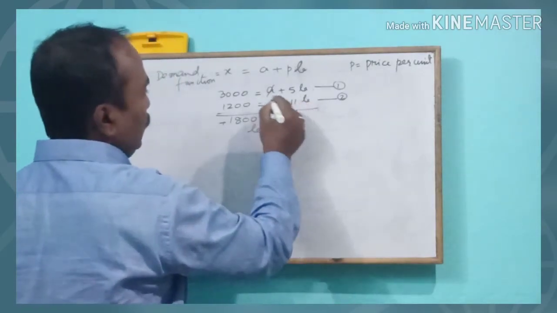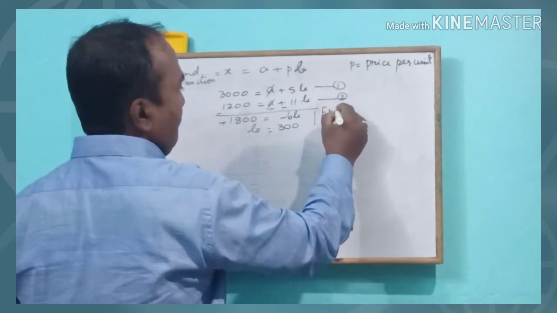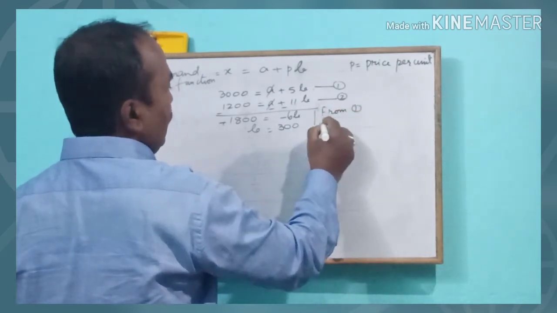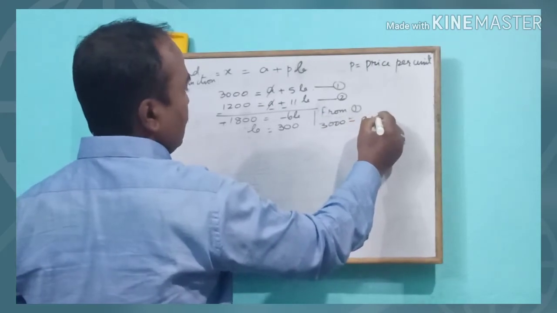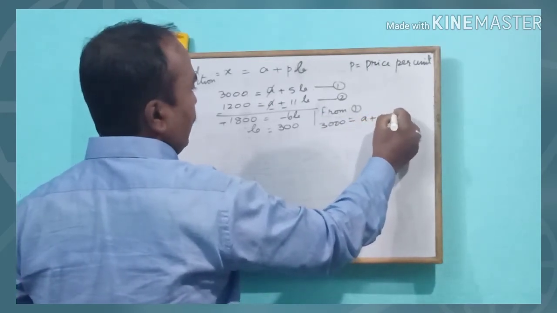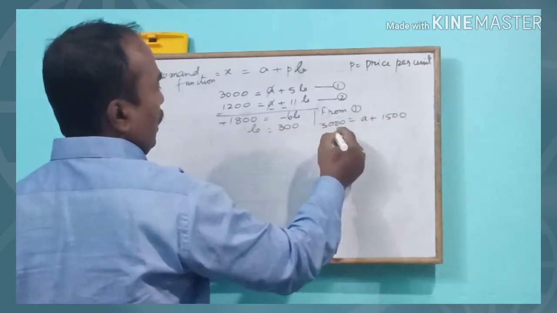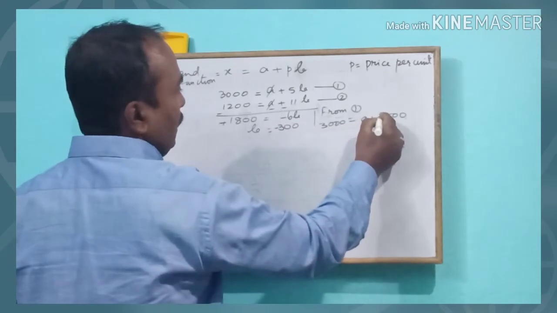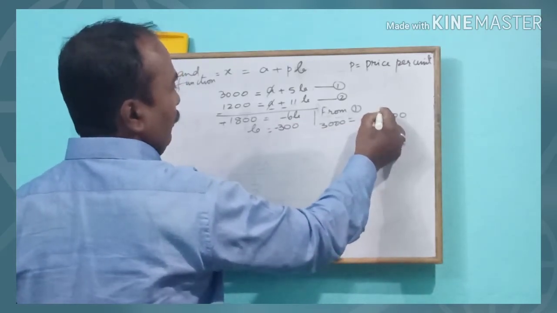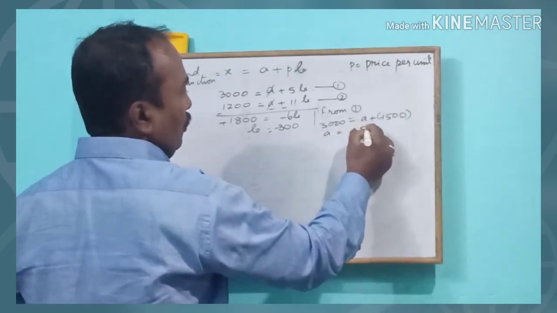Therefore, putting the value in any one of the equation from 1, we get 3000 is equal to a plus 1500. So b is equal to minus 300 actually. So this is a plus minus 1500, or a is equal to 4500.